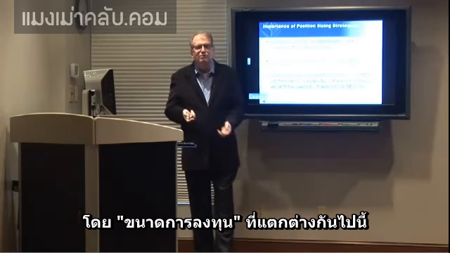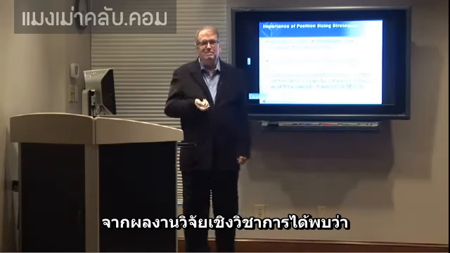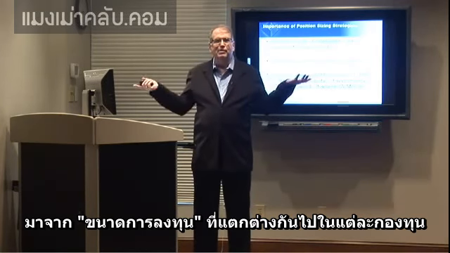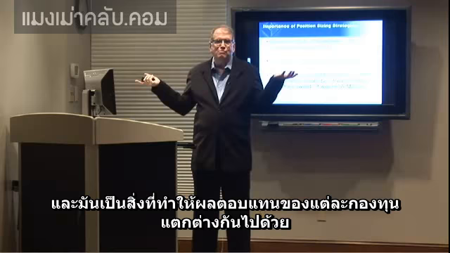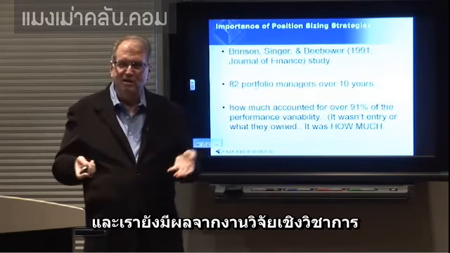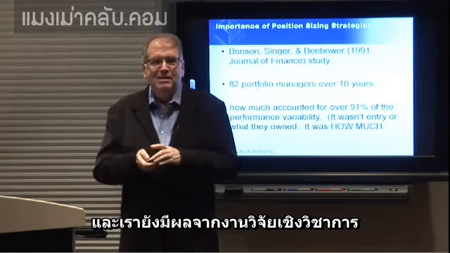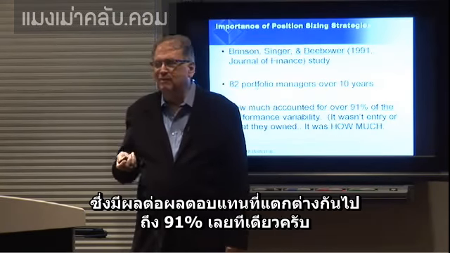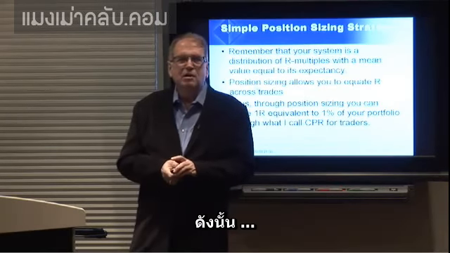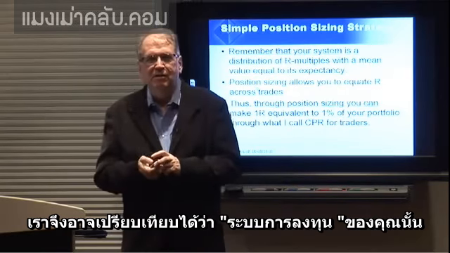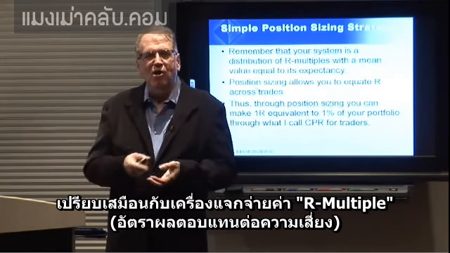And this how much variable in an academic study accounted for 91% of the portfolio variation of performance. So we have my own studies playing the game, and an academic study that really shows how important this is: 91% of the variability.